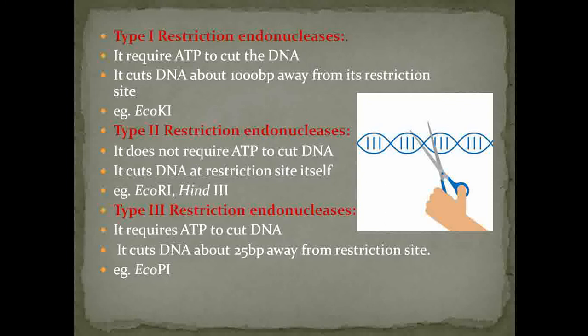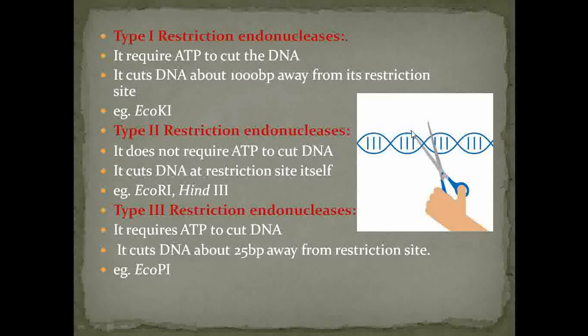For example, EcoRI, HindIII, etc. Then the type three restriction endonucleases require ATP to cut the DNA, and they cut the DNA 25 base pairs apart from the restriction site. It is easy to remember that type one differs from type three because type one cuts the DNA 1000 base pairs away from the site of recognition, and type three cuts the DNA 25 base pairs apart from its restriction site.